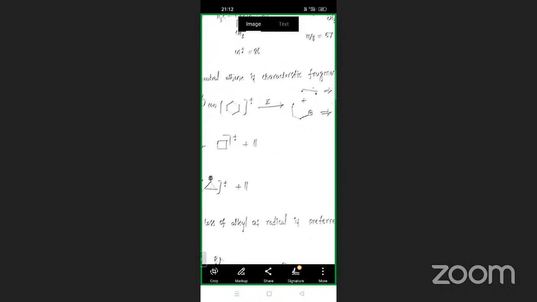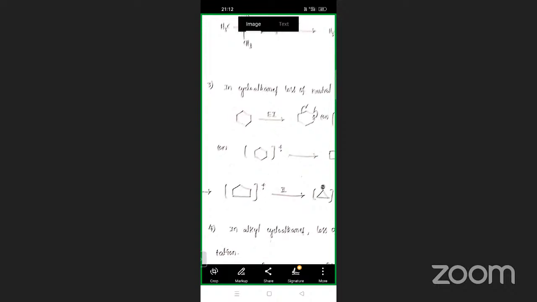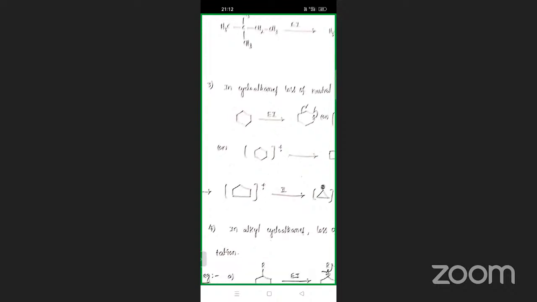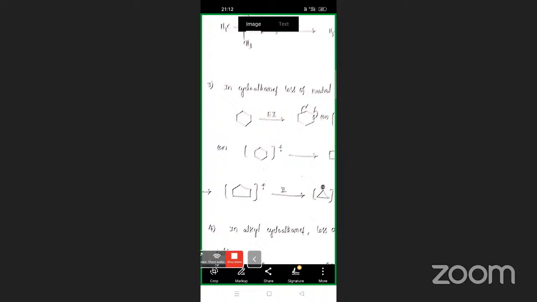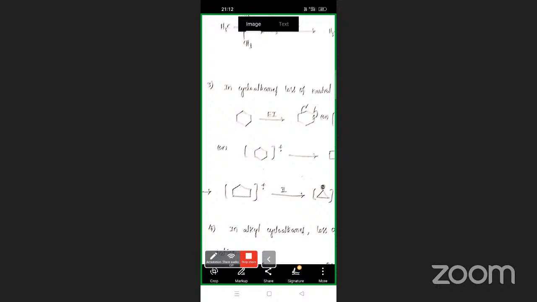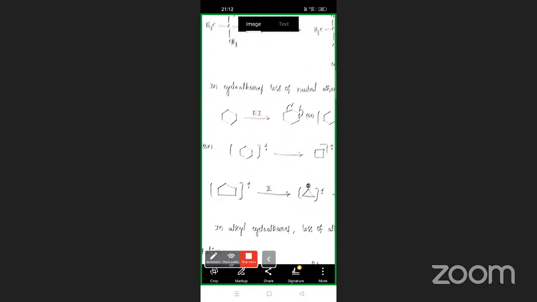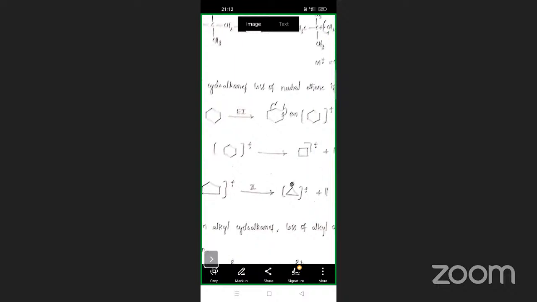This is also one of the important fragmentations here. In cycloalkanes, the loss of neutral olefin, ethene, nothing but this one, ethylene, is a characteristic fragmentation.